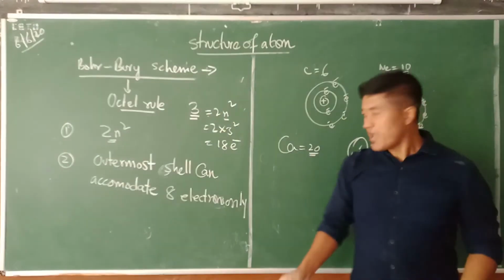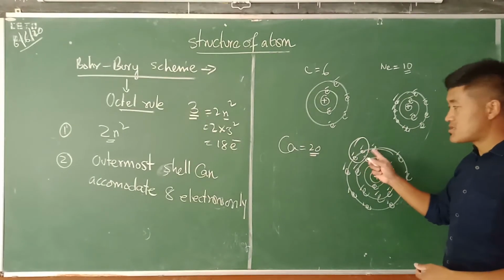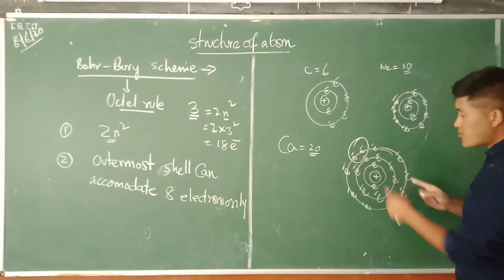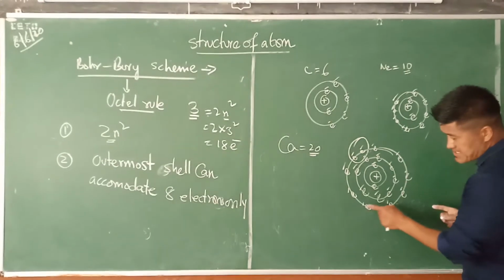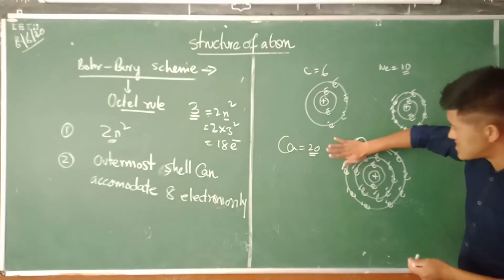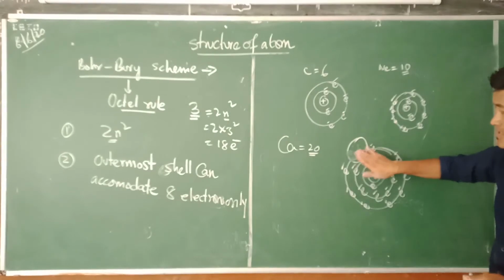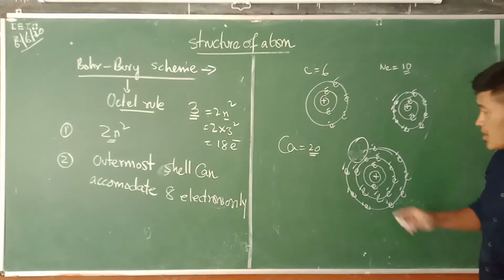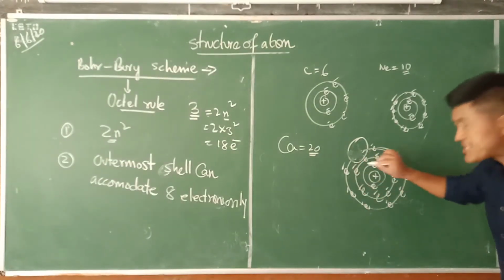So I have the possibility of writing 18 electrons here. But I wrote 1, 2, 3, 4, 5, 6, 7, 8. These 2, I'm just skipping for the time being here.